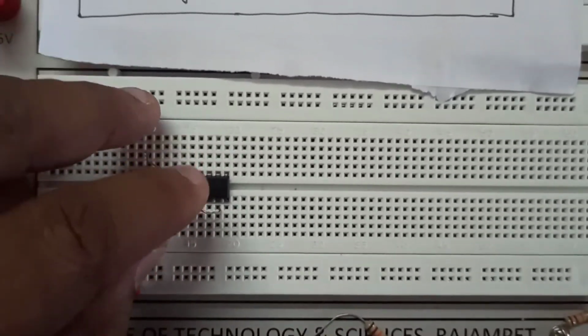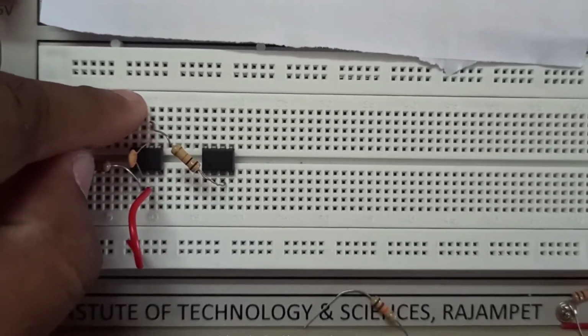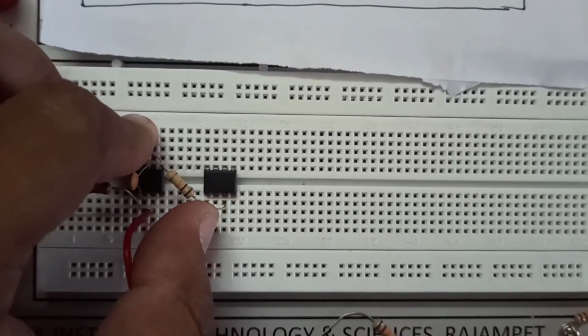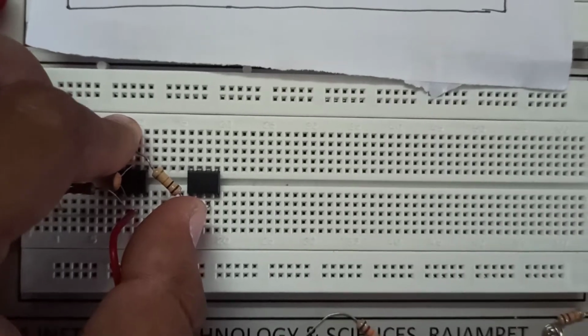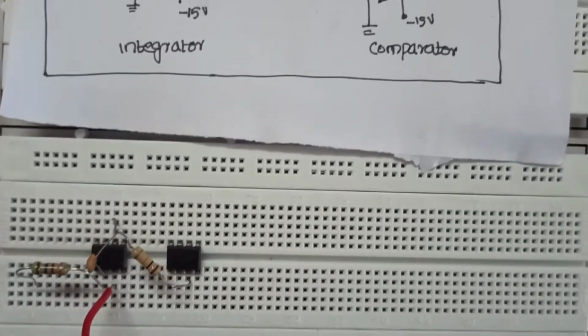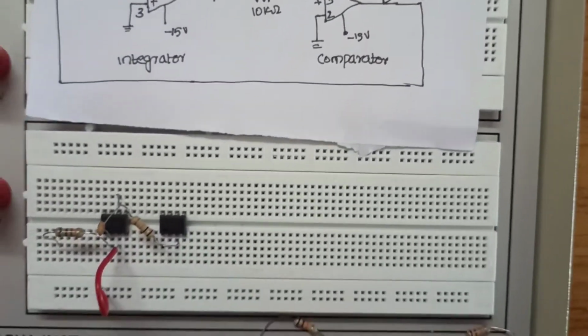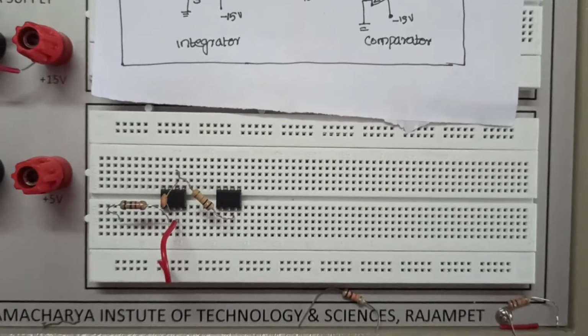Now you see, this 10 kilo ohm resistor is connected between pin 6 of the first stage and pin 3 of the second stage, which is the non-inverting one. The other connections in the second stage are a 22 kilo ohm resistor, and pin 2 is grounded.